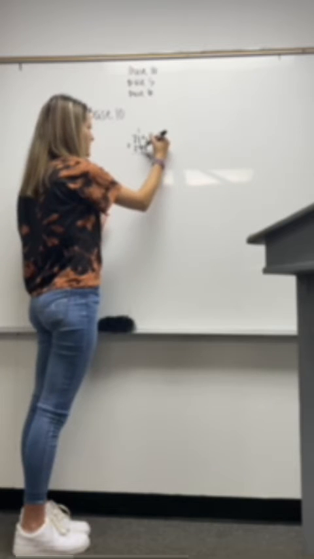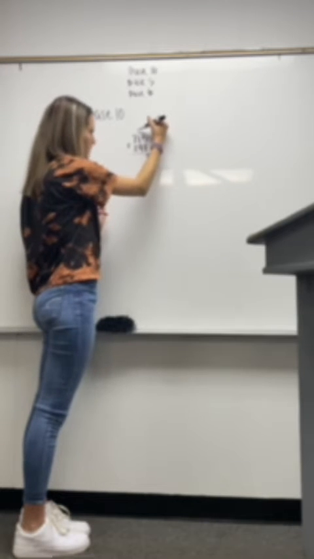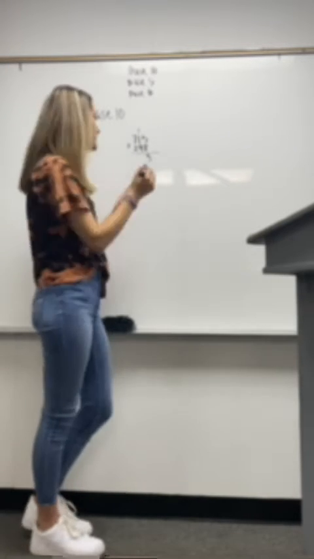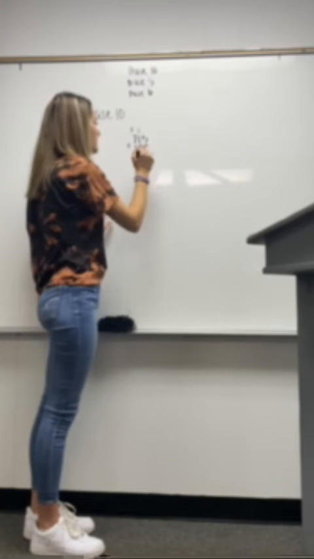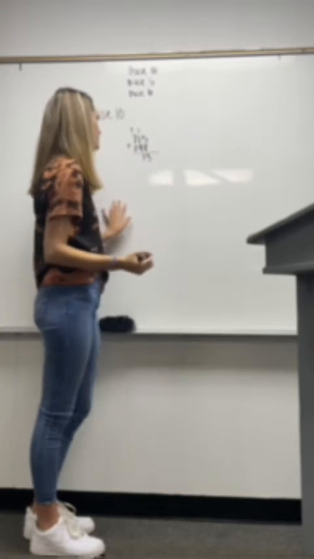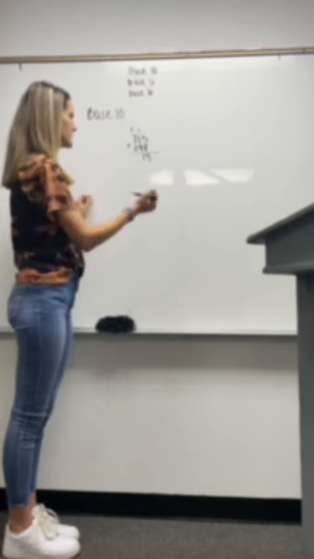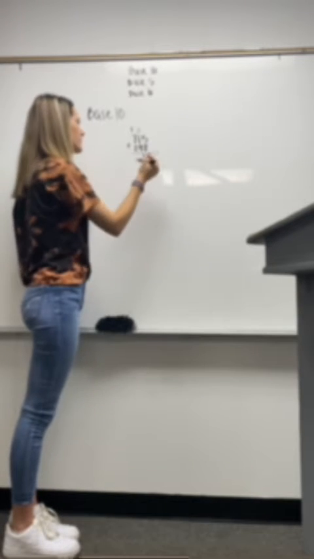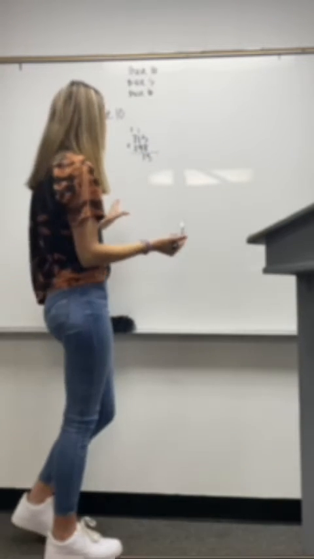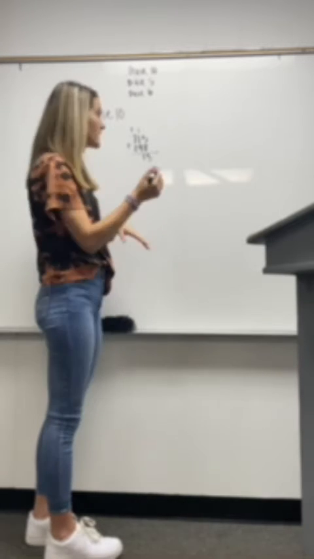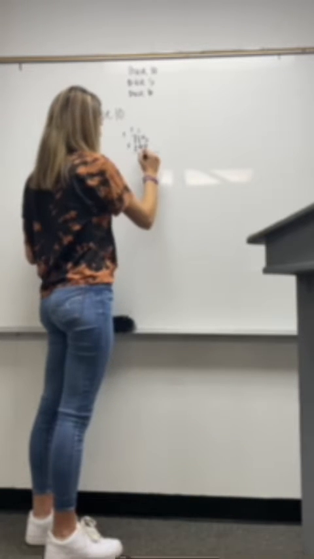Then we have 9, a 1, and a 1. That's one group of 10 because it's 11, and then we have 1 left over. Then we have 7 and 2, which is 9, and then that extra 1 that we carried over is 10, which is one set of 10, but you're going to have 0 left over.